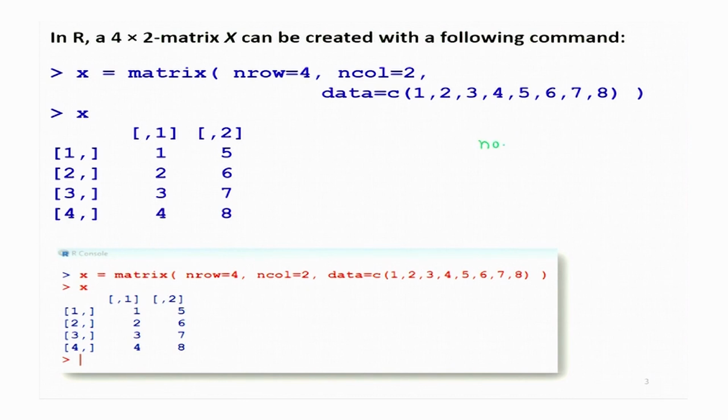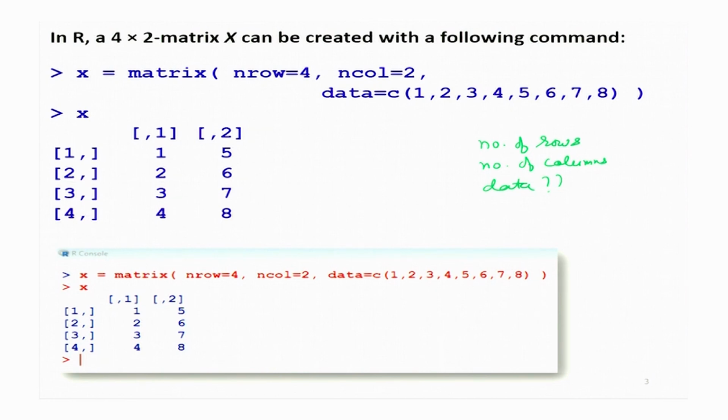We want to know the total number of rows, then the total number of columns in the matrix, and then the data that has to be arranged in this number of rows and columns. After that, many questions come, such as whether you want to arrange the data row wise, column wise, etc.